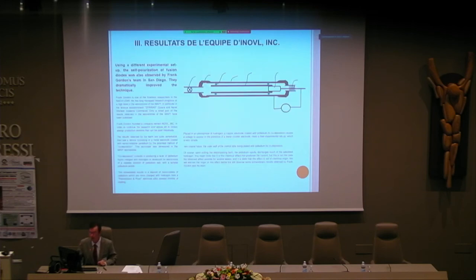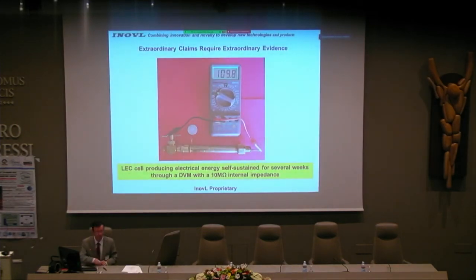Von Gorgon, with this device, also observed a voltage and a current, because he used a classical voltmeter. Even an electronic voltmeter is not ideal.